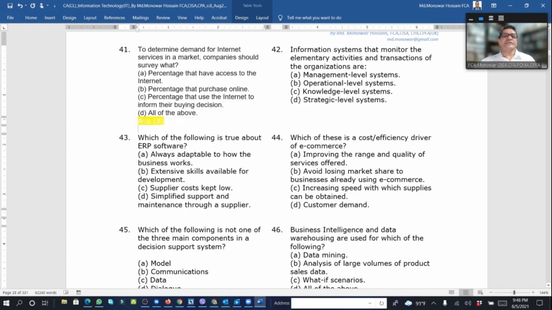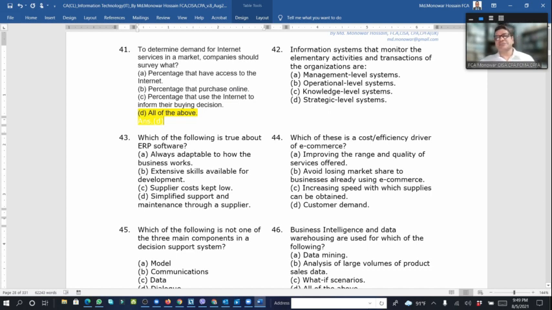D, all. So the answer is all. An internet service provider company should survey the percentage that have access to the internet, the percentage that purchase online, and the percentage that use the internet to inform their buying decision. So the answer is D.